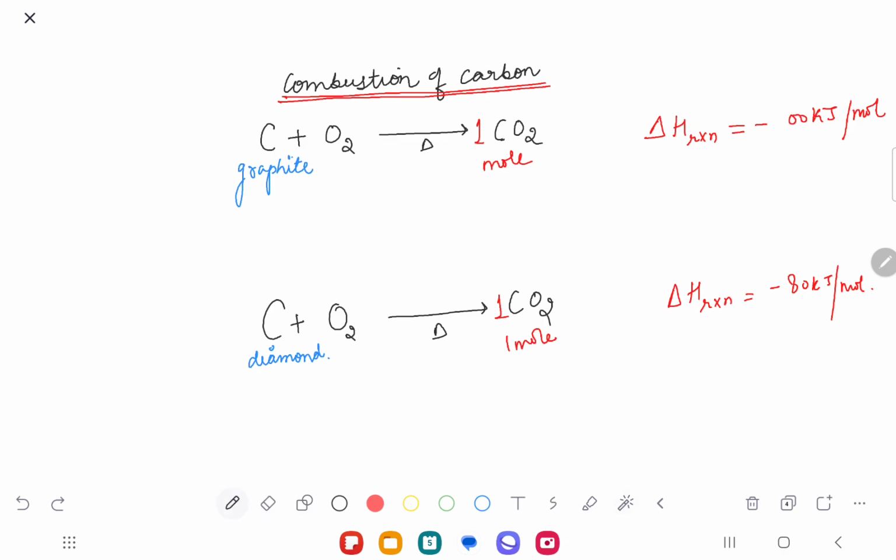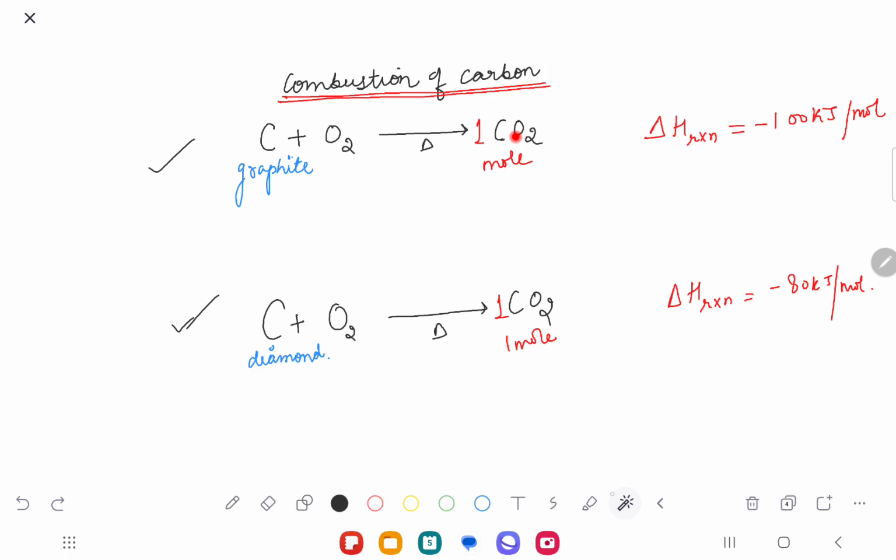So when the heat released here is minus 100, obviously these are two different reactions. The heat released during this reaction is the heat, but which heat will I call the heat of formation of CO2?